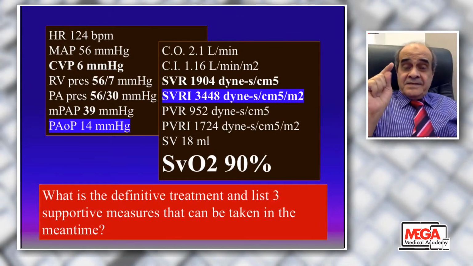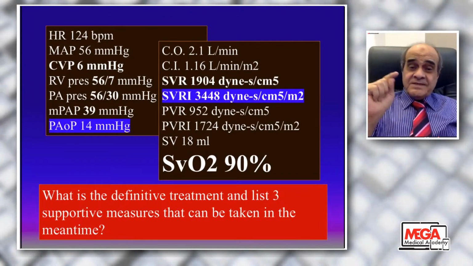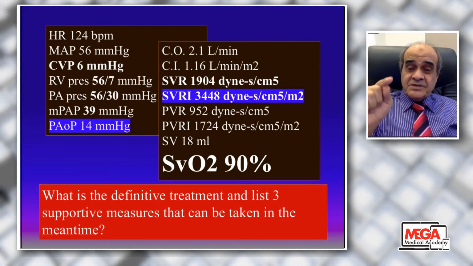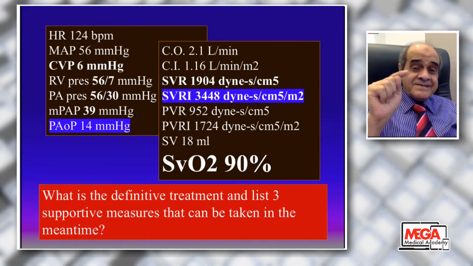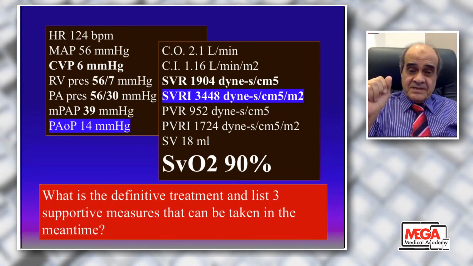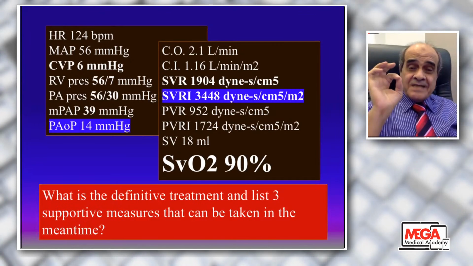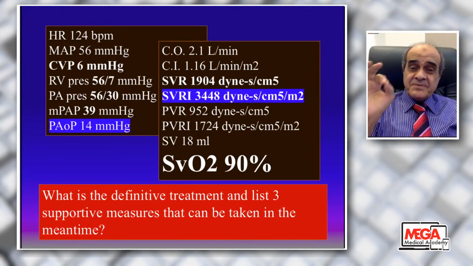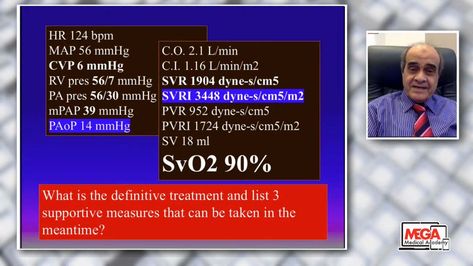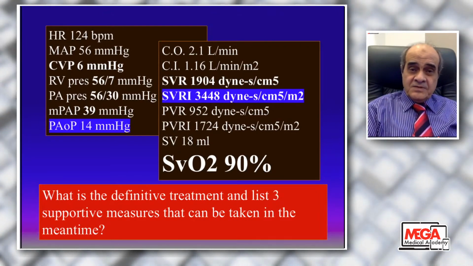But the clue to this case is the mixed venous oxygen saturation, which is 90%, which is high. The normal is about 65 to 75%. And so this is a typical case of septal perforation, with a left to right shunt as the characteristic scenario for this patient.